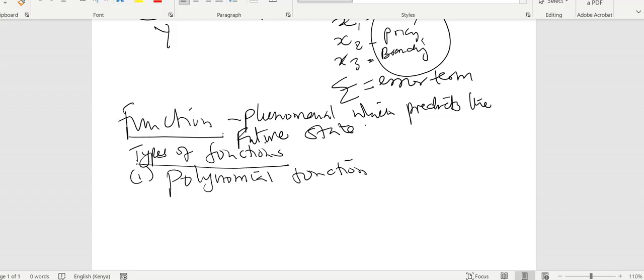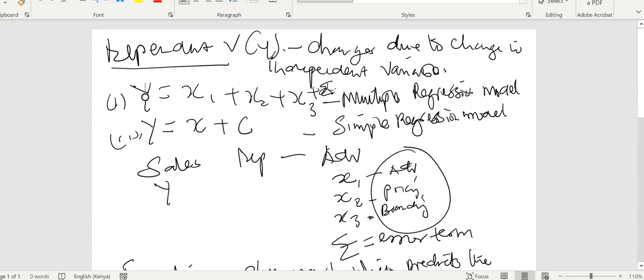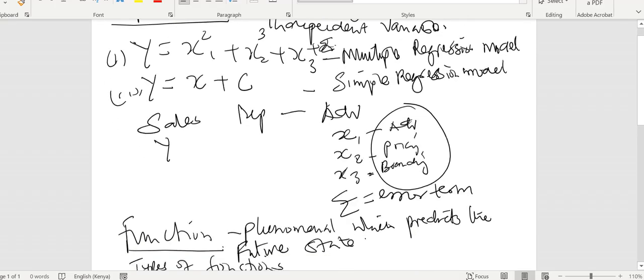Poly means many. Like the question here, if we raise this to a power, let's say power 2, power 3, like that, this becomes a polynomial function.